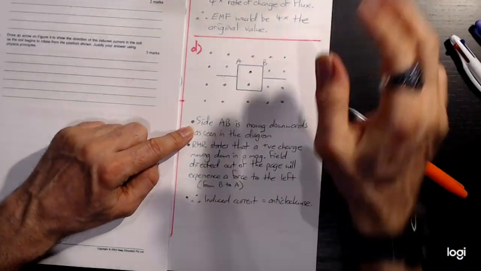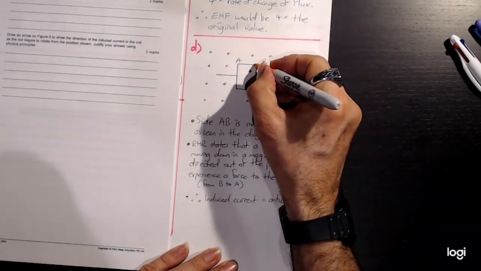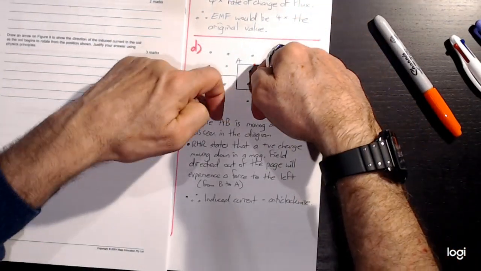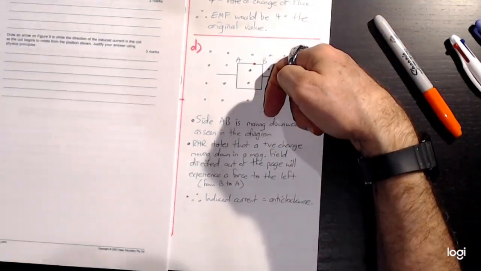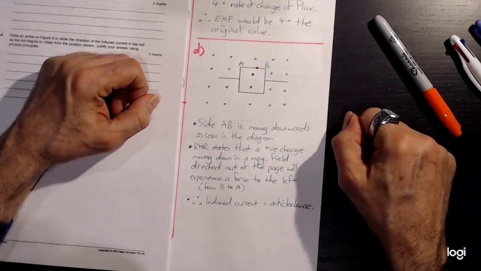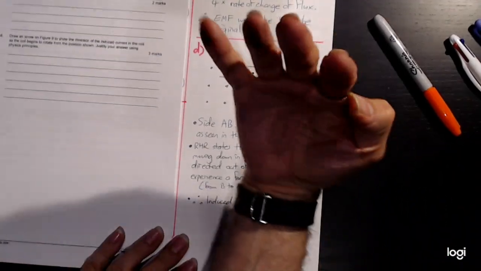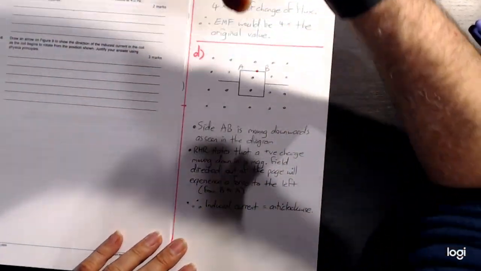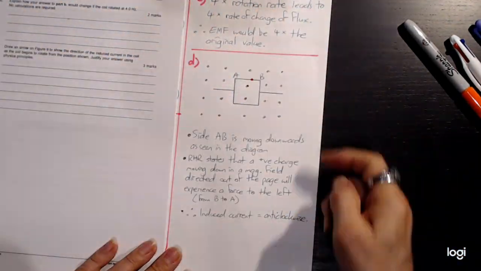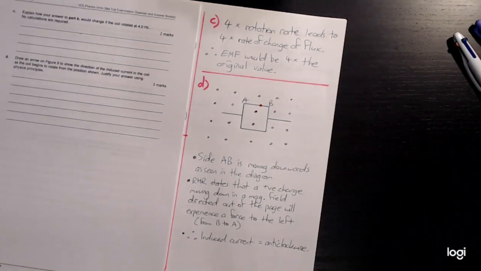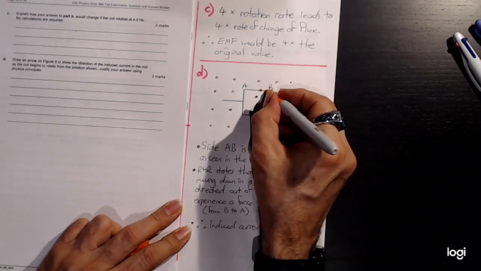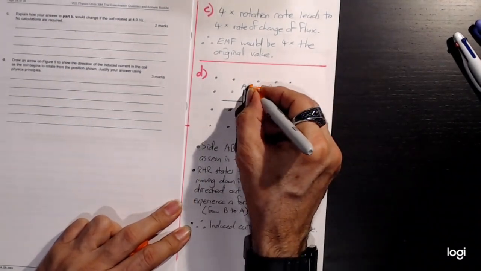The right-hand rule states that a positive charge that is stuck in that wire there, moving down, remember down, not into the page, down, in a magnetic field directed out of the page, will experience a force to the left, in other words, from B to A. So if you put your fingers out of the page and you have the thumb moving down, you'll end up getting your palm going that way from B to A. And so that will induce a current anti-clockwise because everything along here is going to go that way.